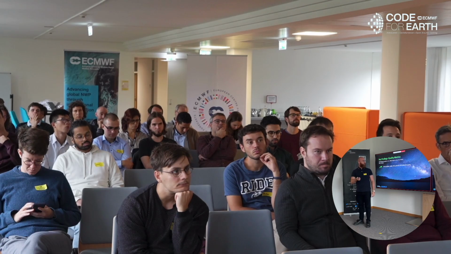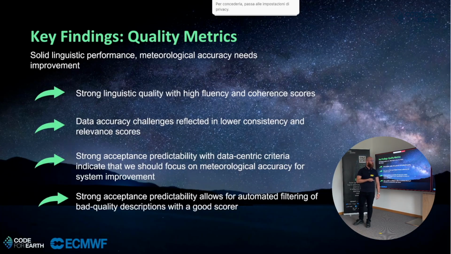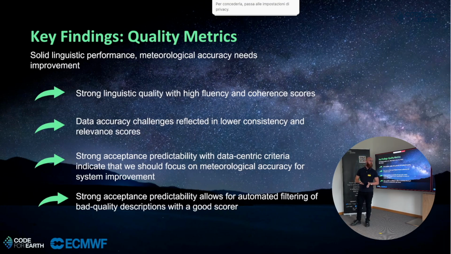So to sum up what I just said, we had very strong linguistic qualities in our descriptions. We faced some data challenges. Even though the scores were quite good and the acceptance rate was quite good, we clearly see where we can improve the system. It's the data extraction and interpretation of things.